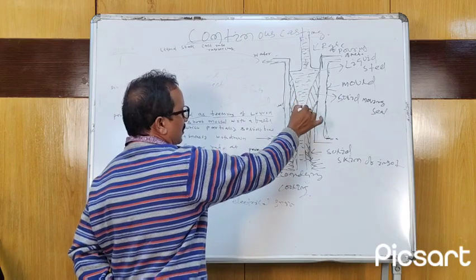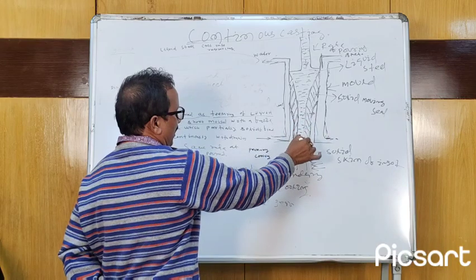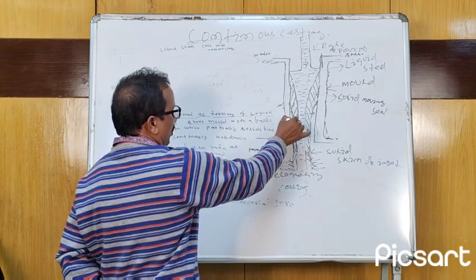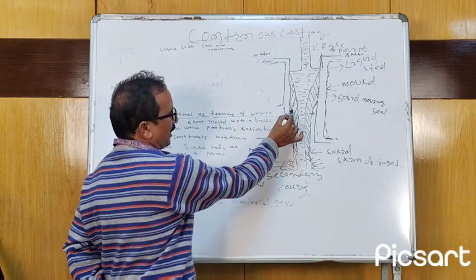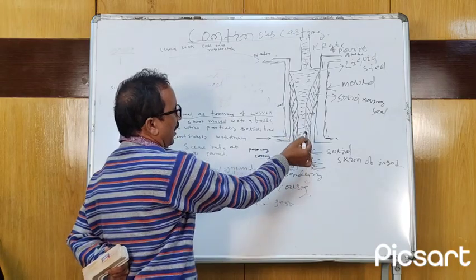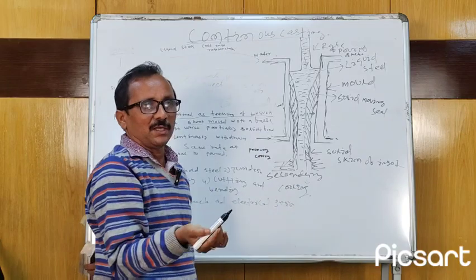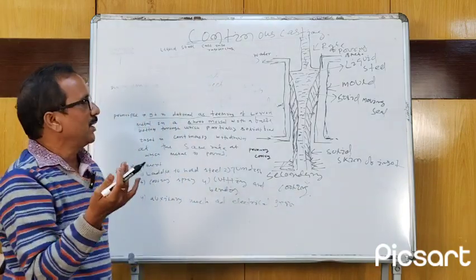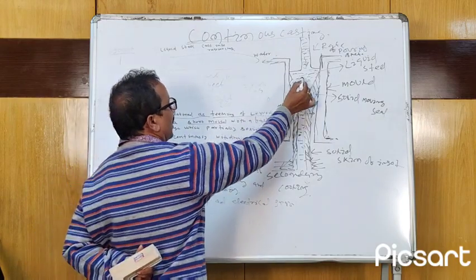This portion, shown by the hatch lines, is the solid portion of the metal. And this is the liquid steel, which is a high temperature material, around 1500 degrees, at that temperature it is liquid steel.